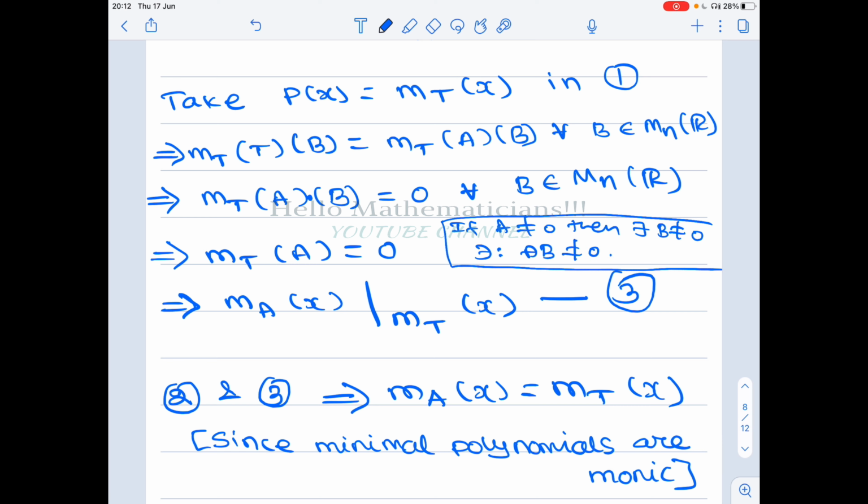Therefore, the only matrix A for which this multiplication is 0 is precisely the 0 matrix. Therefore, A substituted in this polynomial is the 0 matrix. That means that A satisfies the minimal polynomial of T. Therefore, the minimal polynomial of A divides the minimal polynomial of T.